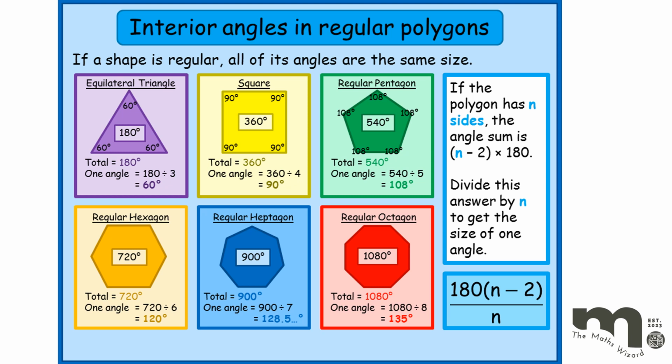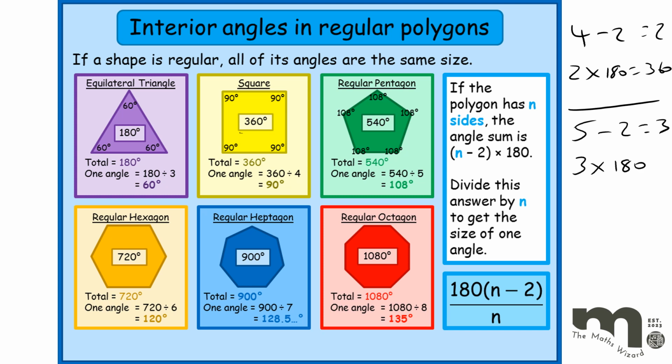So it's going to be 180. With quadrilaterals, you're doing 4 take 2, which is 2, and then 2 times 180, which is 360. Pentagons, it's 5 take away 2, which is 3, and then you're doing 3 times 180 to get 540.